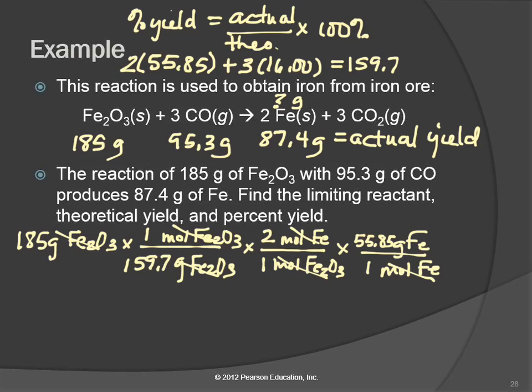I'm going to go ahead and calculate this. 185 divided by 159.7 times 2 times 55.85. How many significant figures am I going to include in my answer? 3. I've got 185 here to start with.